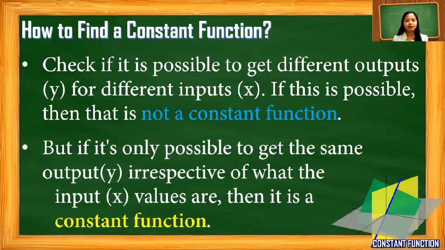Second, if it is only possible to get the same output, or the value of y, irrespective of what the input values of x are, then it is a constant function. So we only have to get one and only one possible output, or value of y, so that we can consider it a constant function.